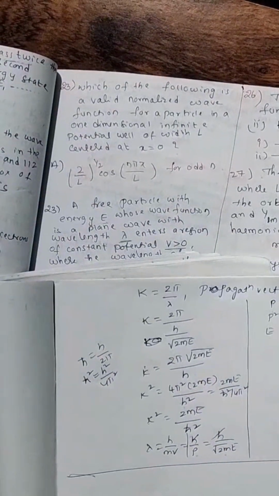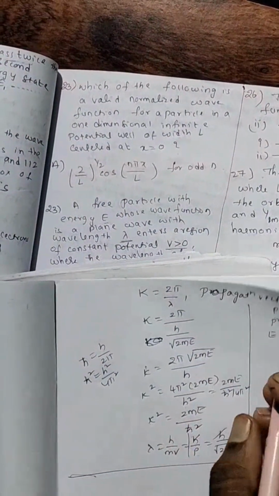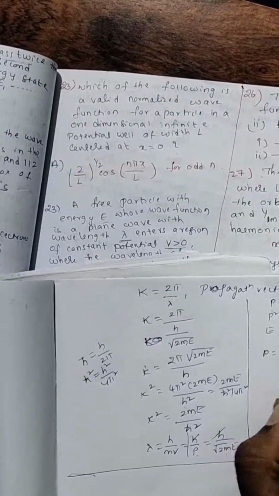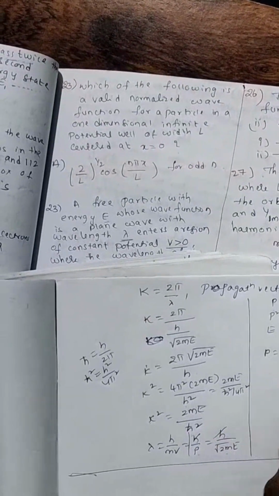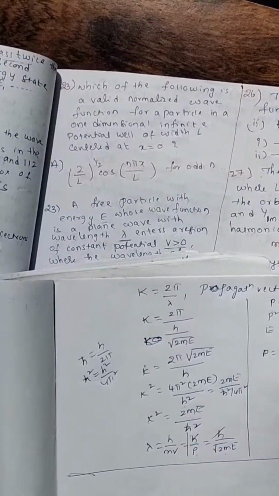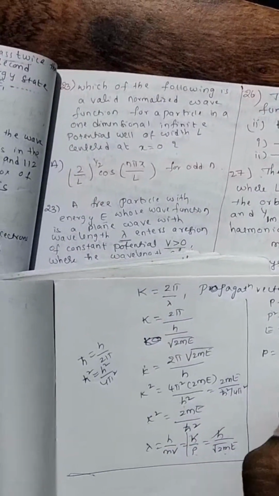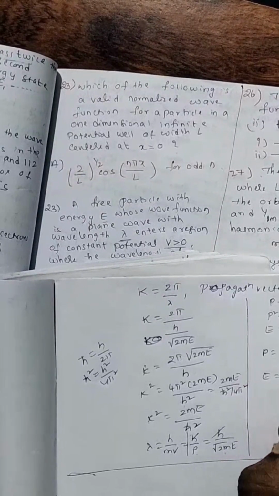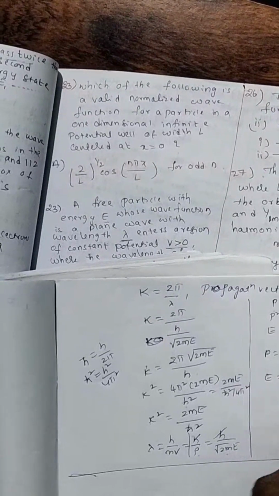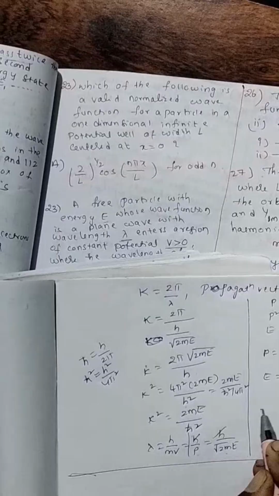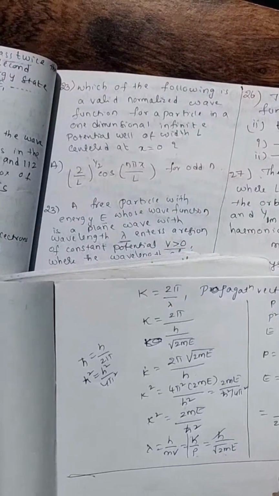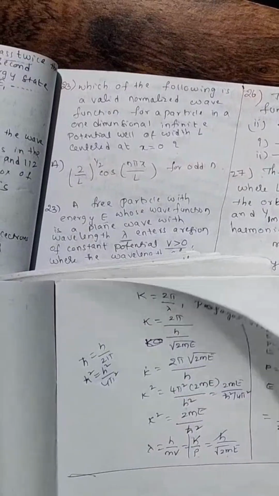Now p is equal to h by lambda, from the formula lambda equal to h by p. Putting here, E is equal to h by lambda whole square by 2m, that is h square by 2m lambda square, we got.